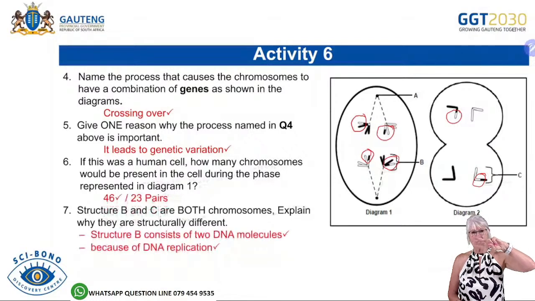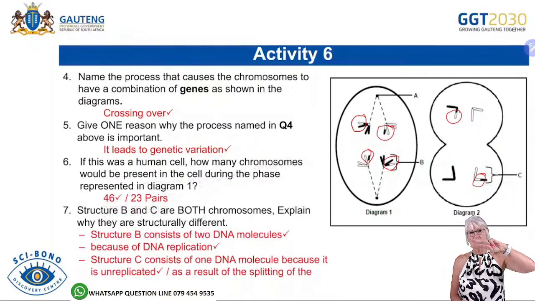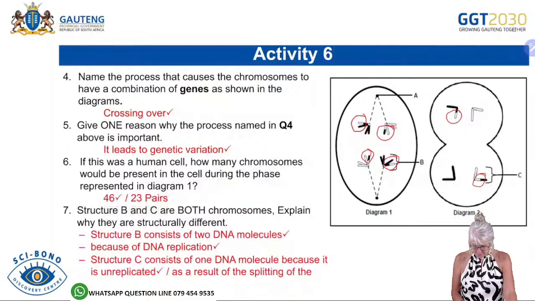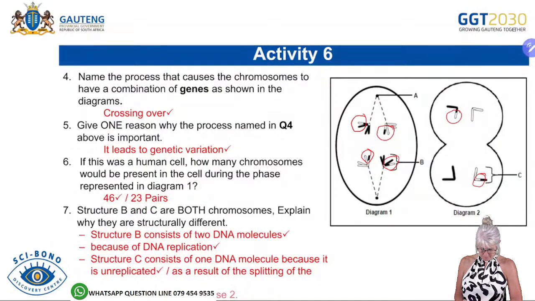So structure B has 2 parts because of DNA replication, whereas structure C consists of only 1 DNA molecule because it is unreplicated. They separated, and it hasn't gone through replication again, so they remain single molecules. And that is as a result of the splitting of the centromere.